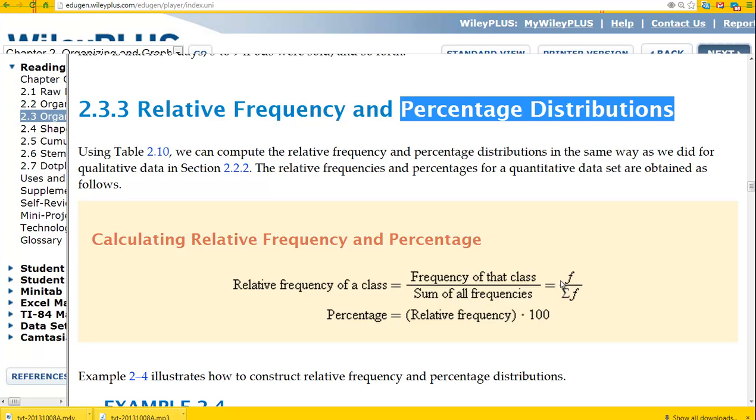It's okay. Divided by the sum of all the f's. That's what this means. Okay? And then again, just like before when we did it for qualitative data, now for quantitative, we can get the percentage by taking the relative frequency, which is here, and multiplying it times 100.